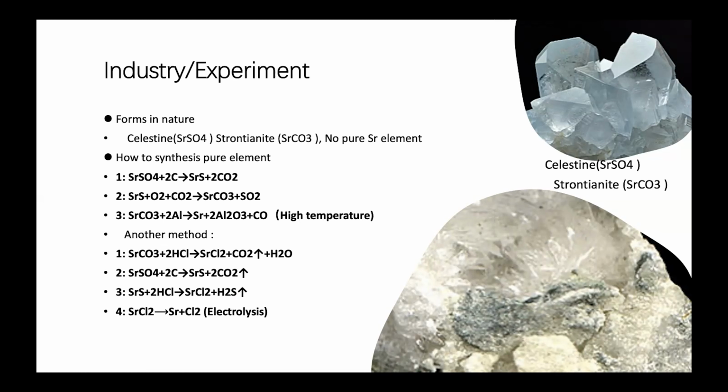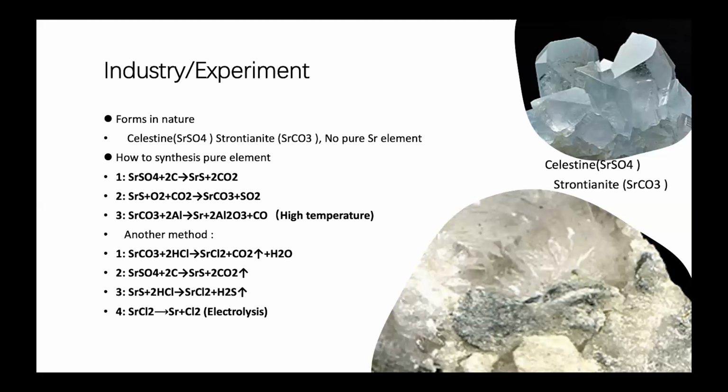The first way is to react celestine with carbon to get strontium sulfide, and heat strontium sulfide in an oxygen environment to get strontianite, and strontianite can react with aluminum at very high temperature to get pure strontium element, aluminum oxide and carbon monoxide.